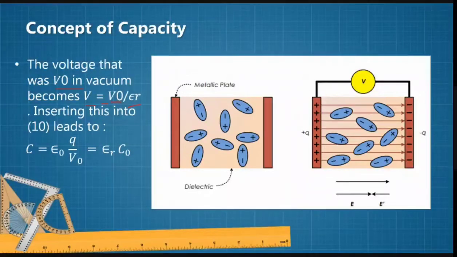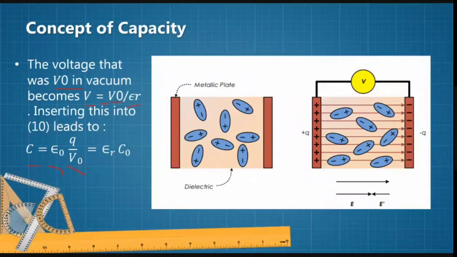Inserting this into the equation, C equals Q divided by V, equals epsilon r times C null, where C null is the capacity value in a capacitor without the dielectric.